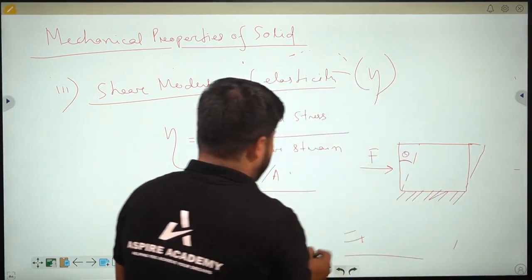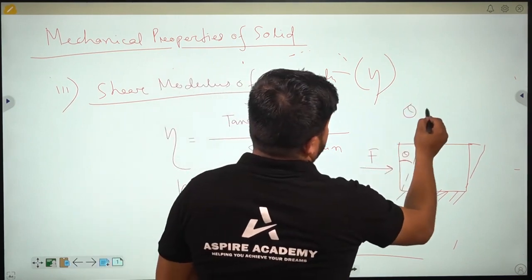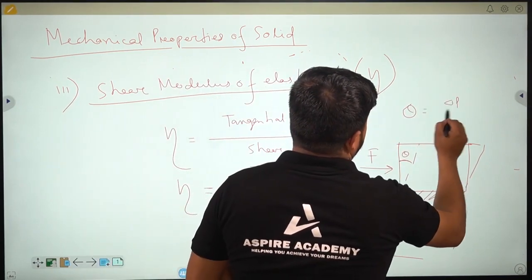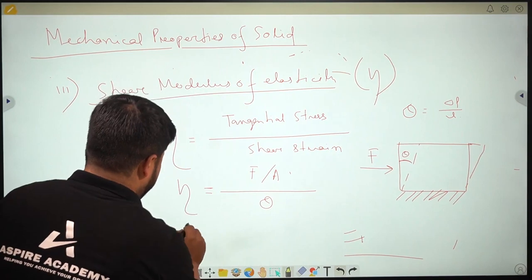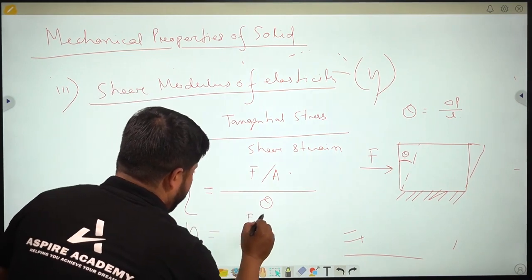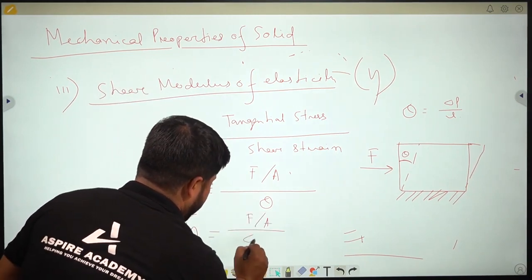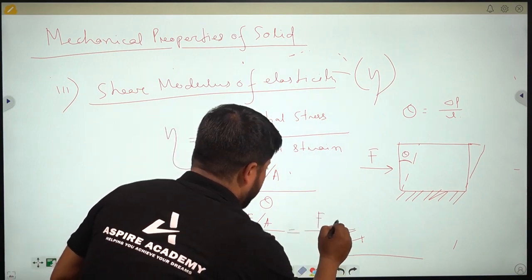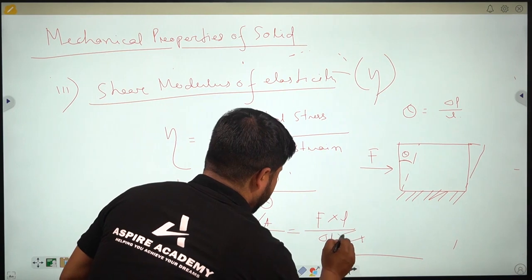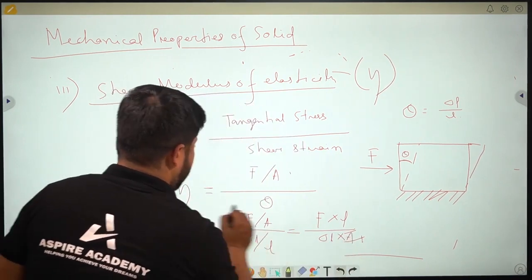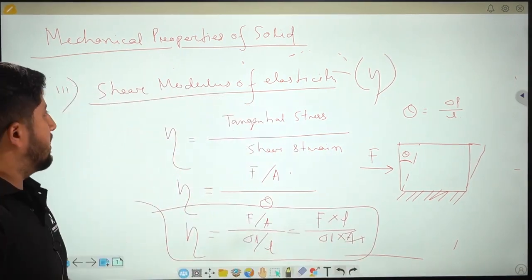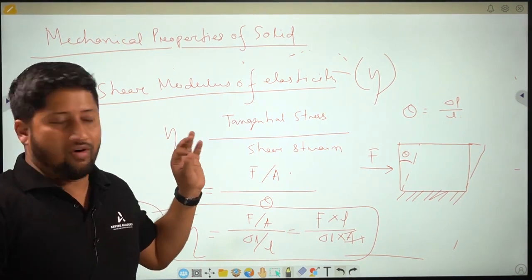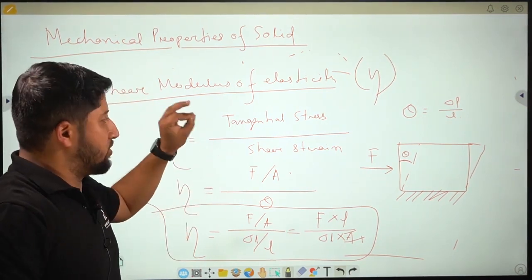That's why theta is called shear strain, and theta is del L by L. So eta is F by A divided by del L by L, or F into L over del L into A. This is the mathematical expression for shear modulus of elasticity.